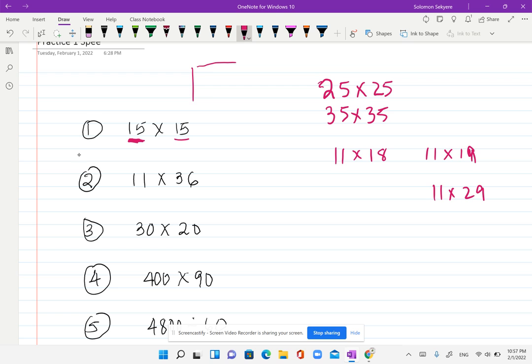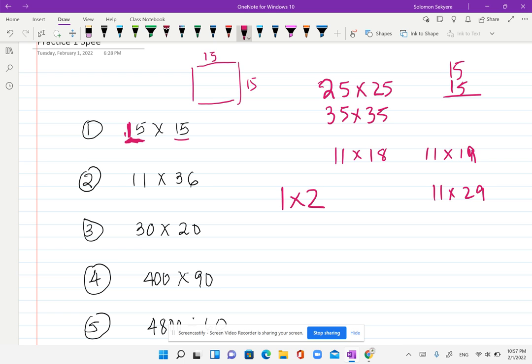In other words, if you have a square and you're asked to find the area, what's the quickest way of doing it? I know you can do this, but a quick way is this: look at the digit before the 5, in this case the digit in the tens place, which is 1. You multiply it by the number that comes after 1 in counting, which is 2.